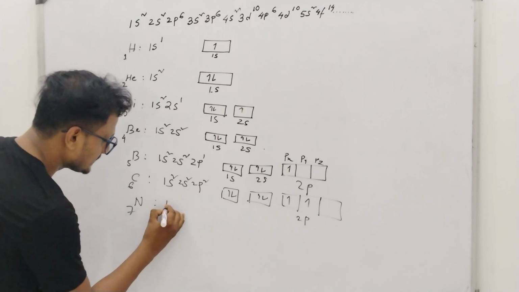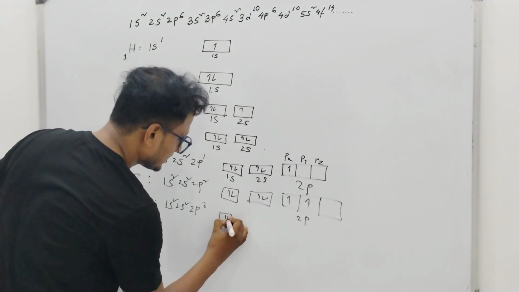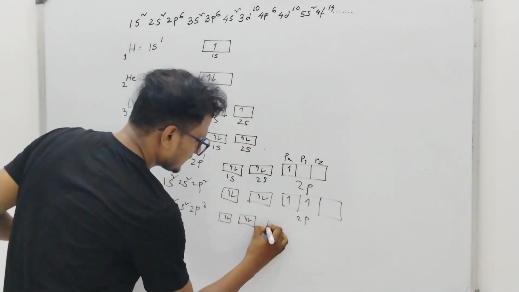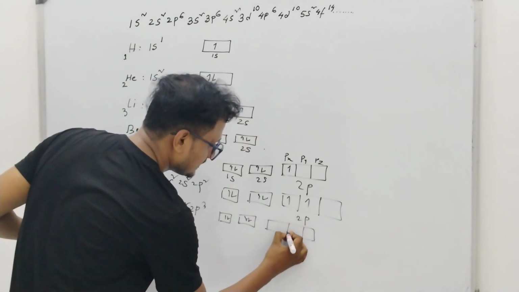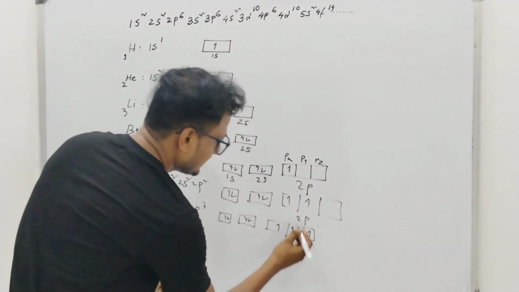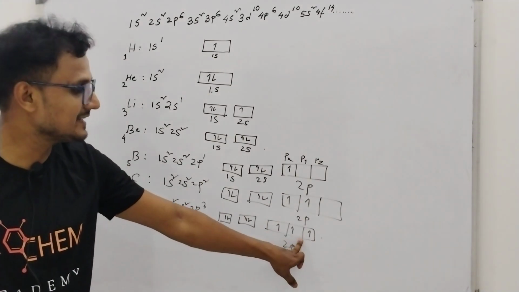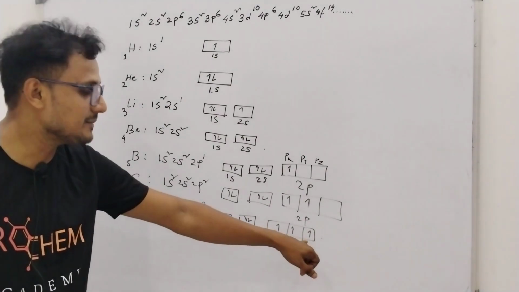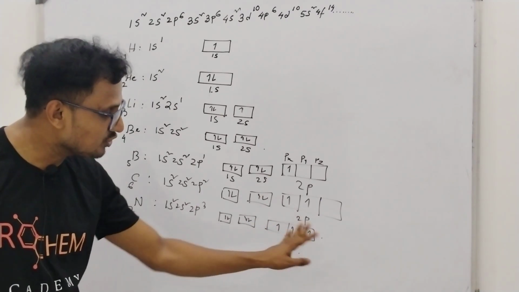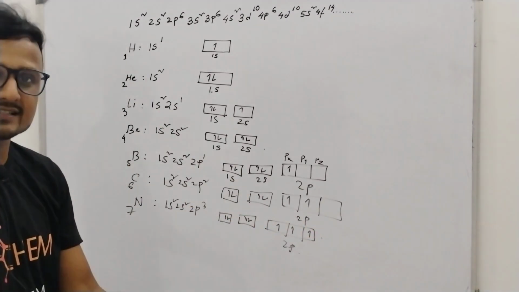Now is the nitrogen. This is 7, 1s2 2s2 2p3. Now this will be the 2p orbital. See, I have filled it singly, so all are unpaired. First of all they will be unpaired, then the pairing will take place. This is a rule we will be discussing in a different video.